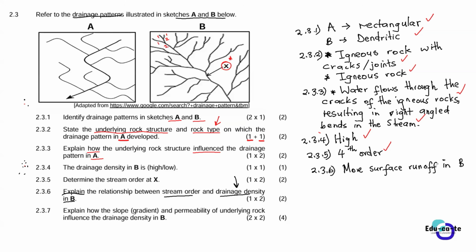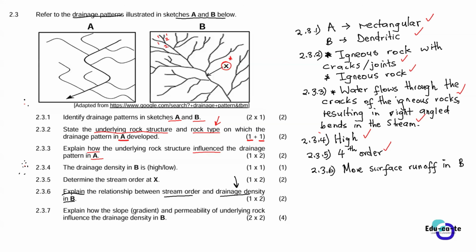And if we're having more surface runoff in drainage pattern B, will we have a higher stream order or a lower stream order? I want to hear from you guys. When we are having more surface runoff, are we going to have a higher stream order or a lower stream order?